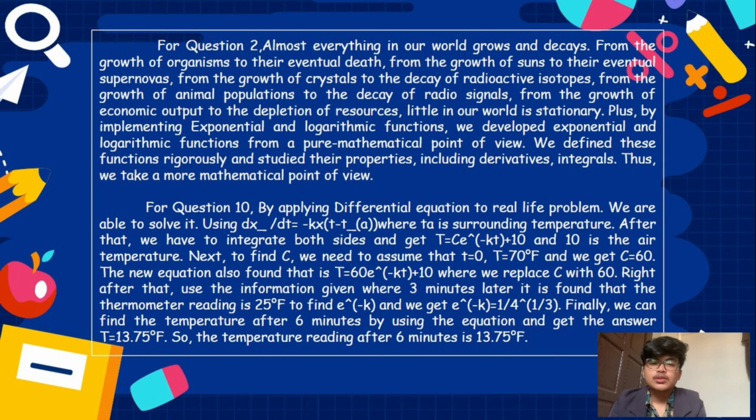The new equation is T equal to 60 e to the power of negative kt plus 10. Then, using the information given that 3 minutes later the thermometer reading is 35 Fahrenheit, we find e to the power of negative k is 1 over 4 to the power of 1 over 3.